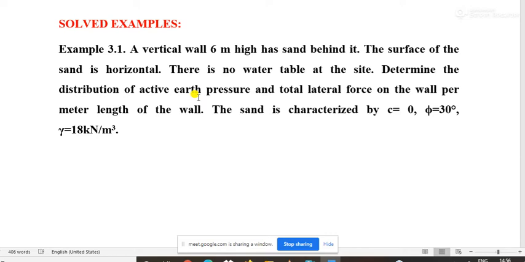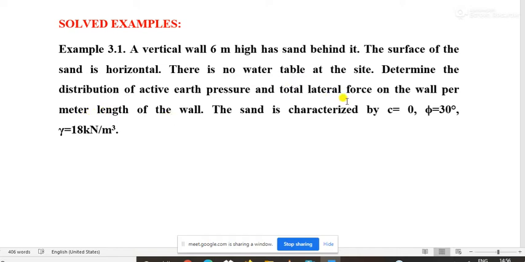I gave a simple idea about that earth pressure distribution diagram in the previous class. And then the total lateral force. This may be new to you, and we'll discuss it today: the total lateral force on the wall per meter length.